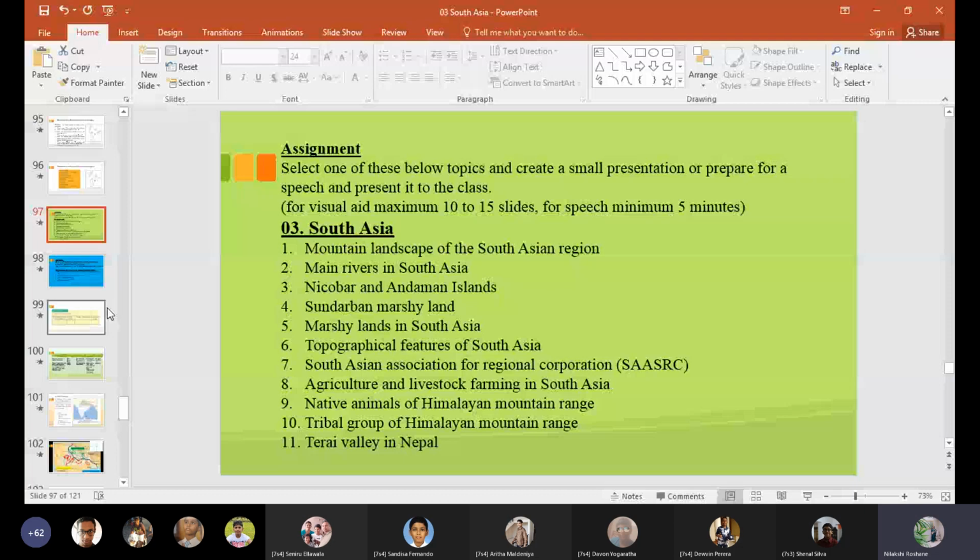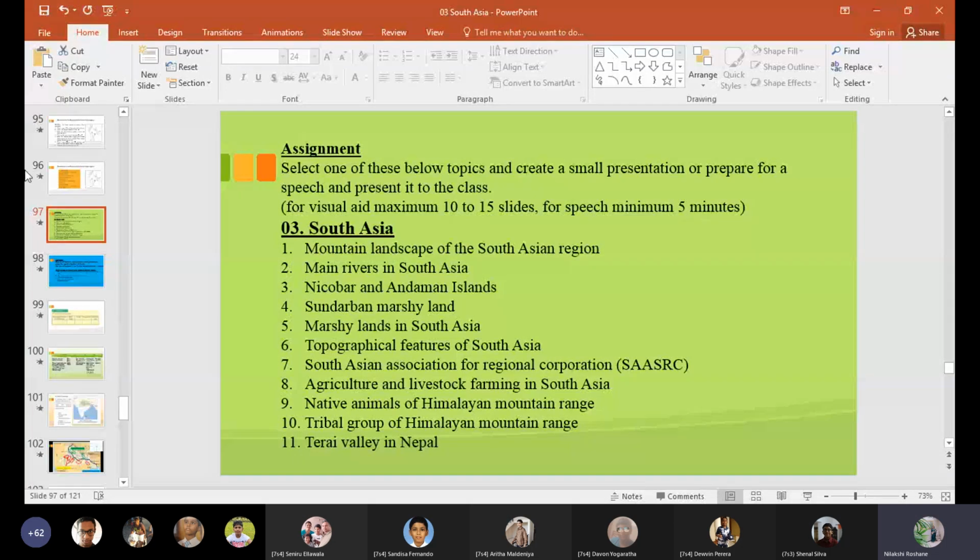For the speech, minimum 5 minutes. If you don't have the capability of doing a PowerPoint presentation, you can do a small speech. It is not mandatory to use PowerPoint.